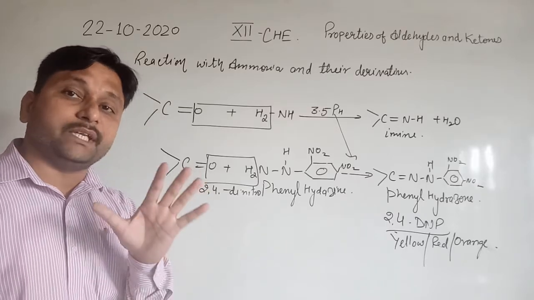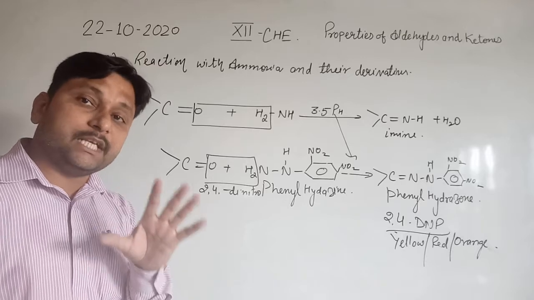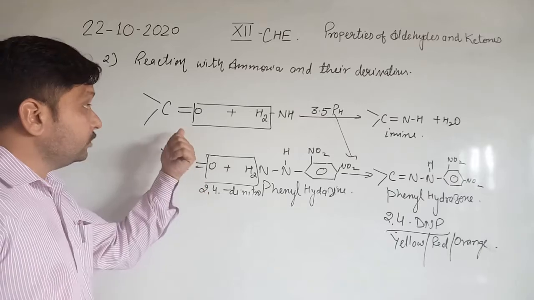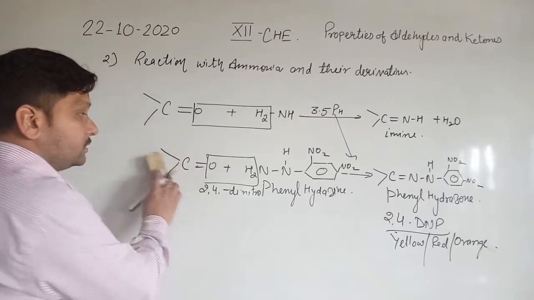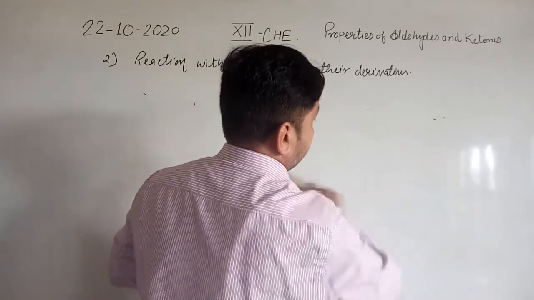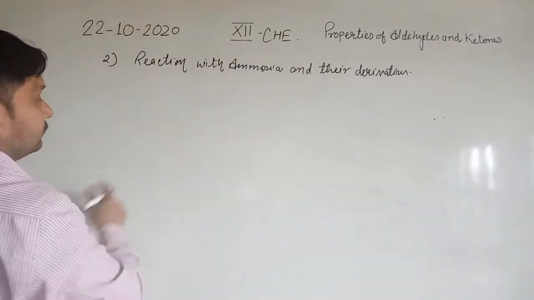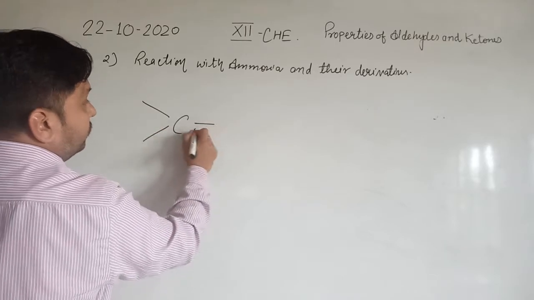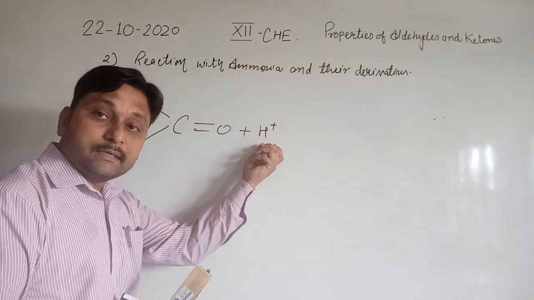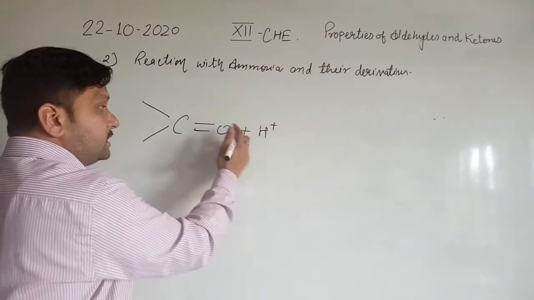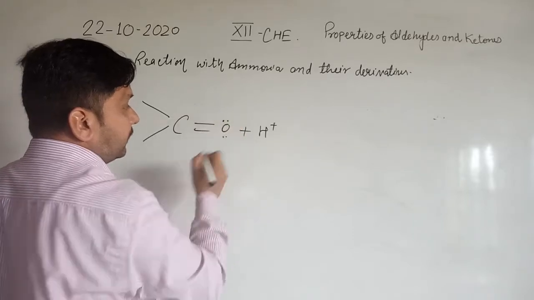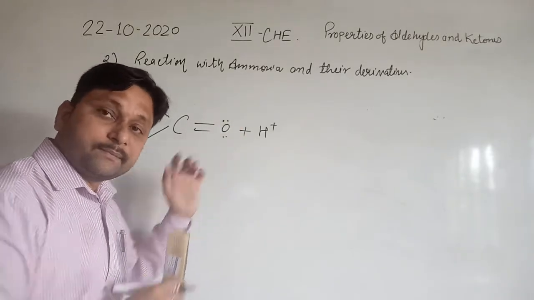For the facilitation of the reaction, a weakly acidic medium will be provided to this carbonyl compound. See here. C double bond O, when it reacts with H ion, weakly acidic conditions mean H ion is present. So this H ion first of all reacts with the lone pair of carbonyl oxygen.